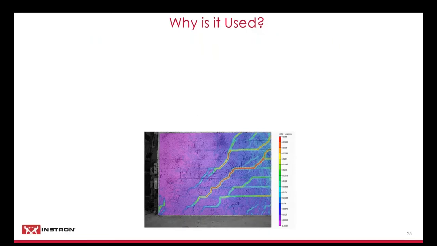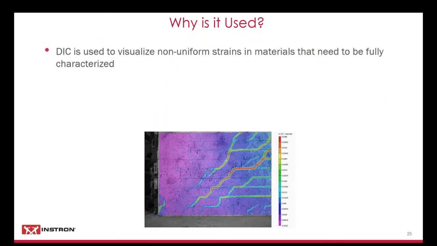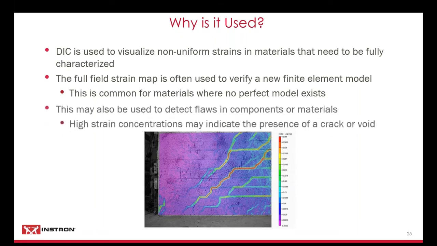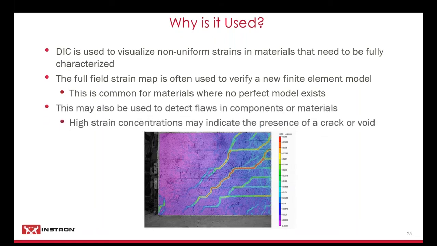So why is DIC used? Again, it's used to visualize non-uniform strains in materials that need to be fully characterized. The full field strain map is often used to verify a new finite element model. This is common where no perfect model exists and you need empirical data to compare to your model. It's also useful to detect flaws in components or materials.